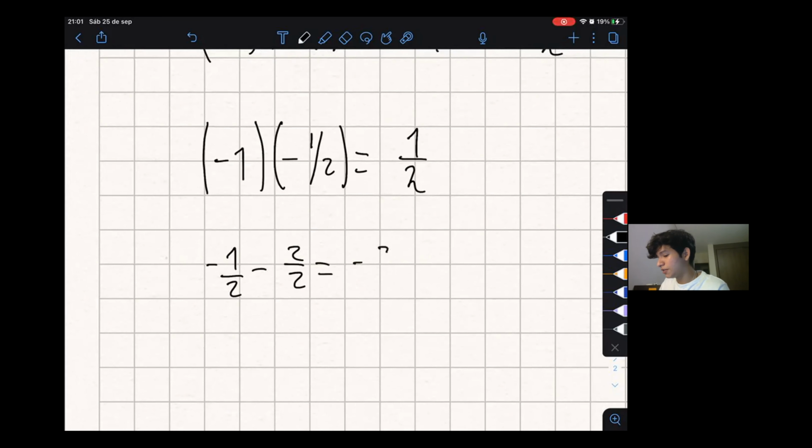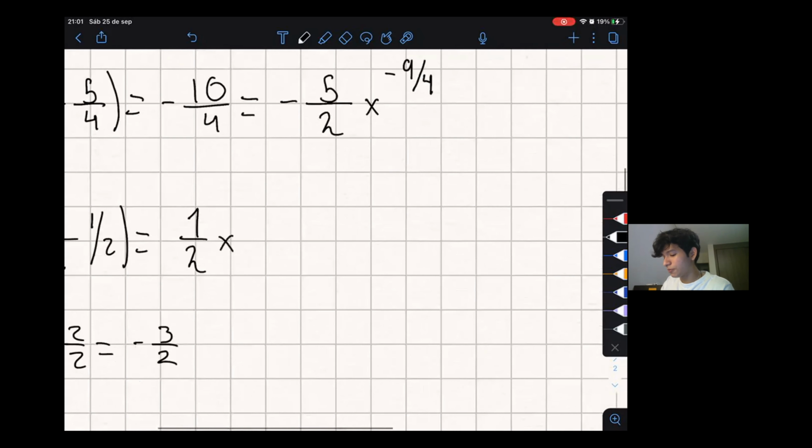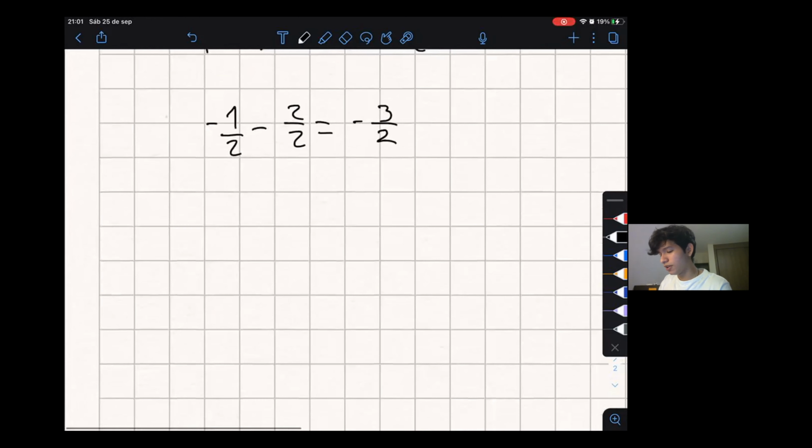So we obtain minus 3 over 2. And our exponent is x raised to the minus 3 over 2. And for the 3, we use the same, but in this case the x doesn't have an exponent, so we just have a 1, so it's equal to 3.